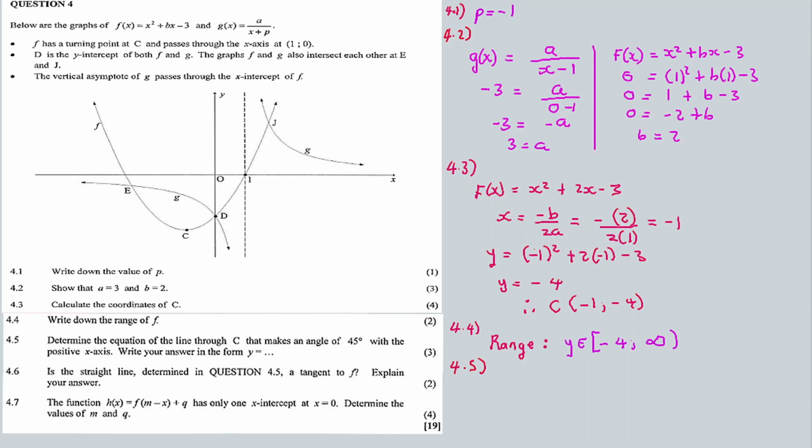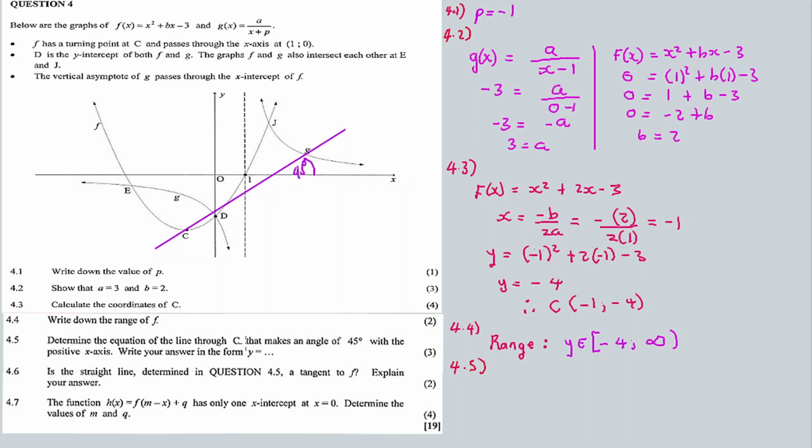Determine the equation of the line through C that makes an angle of 45 degrees with the positive x axis. It means there's a line which passes through C and makes an angle of 45 degrees with the positive x axis. So we must calculate the equation in the form y equal to mx plus c.